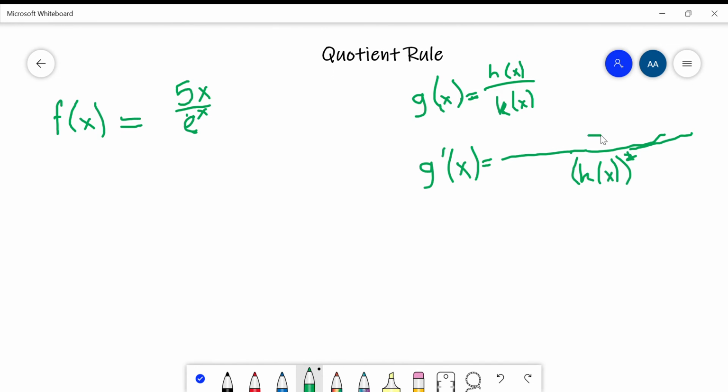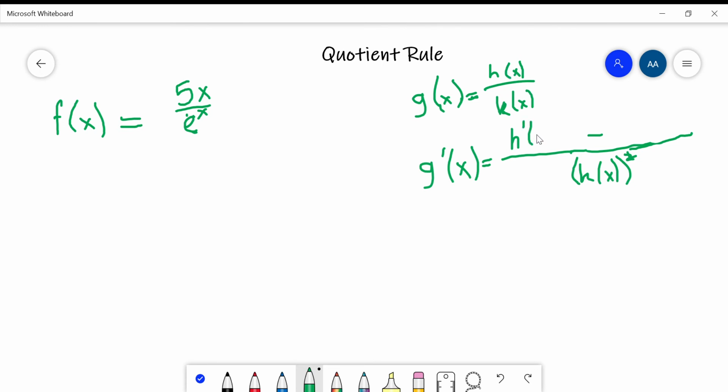On here, we're going to have a minus sign, and on either side, they need to be in this specific order, since you can't just rotate the minus sign. And so it's going to be h prime of x, so the top one.